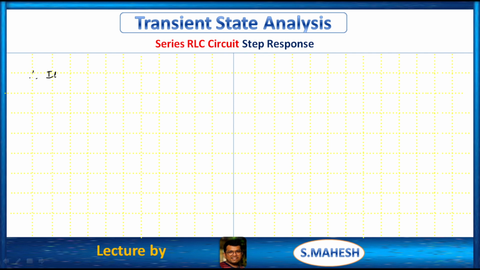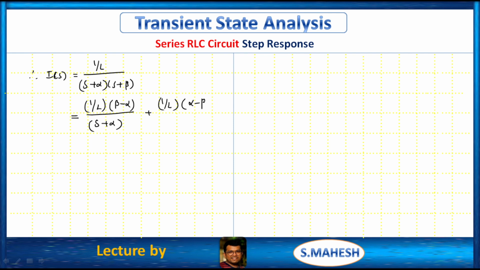Therefore, I of S should be equal to 1 by L by S plus alpha into S plus beta, which equals 1 by L into beta minus alpha by S plus alpha, plus 1 by L into alpha minus beta by S plus beta, right? This 1 by L into beta minus alpha is a constant, and like that 1 by L into alpha minus beta is a constant.